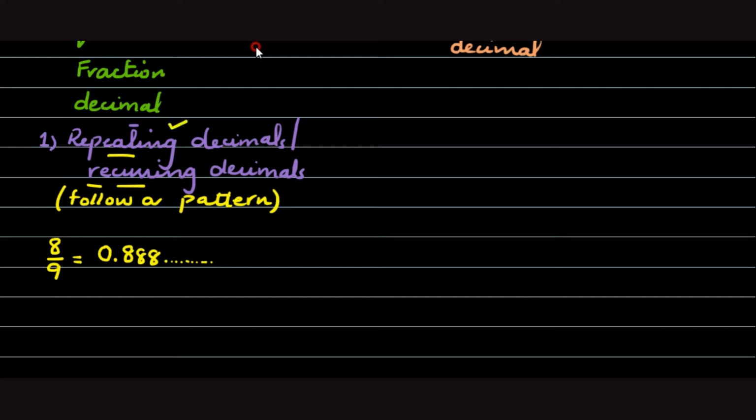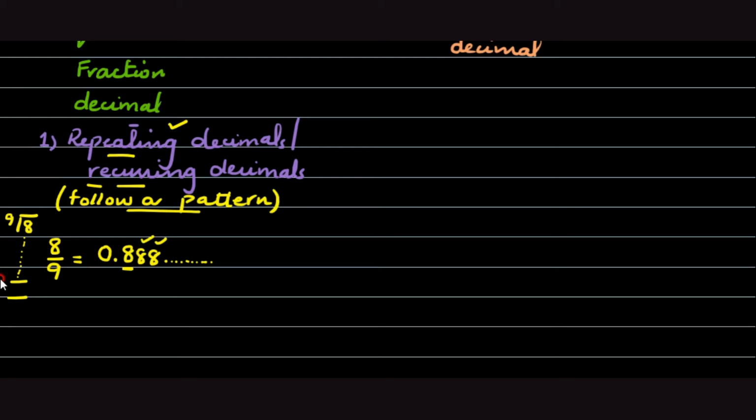It will be repeating all of the time, but it must follow a pattern. As you can observe here, the digit 8 is repeating a second time, a third time. Once you are dividing that number, you can observe it is not terminating. You will get the remainder all of the time.